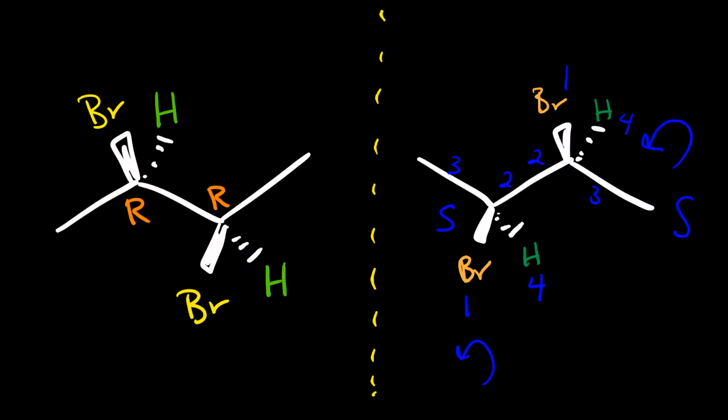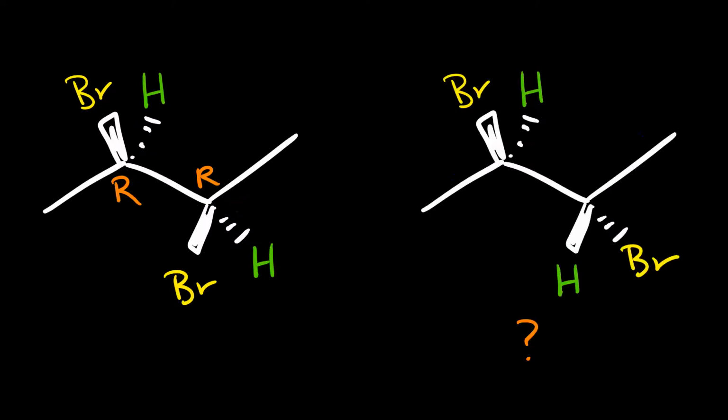So we would say that this is the RR enantiomer on the left, and this is the SS enantiomer on the right. And just like we would expect, because they're enantiomers, they should be exactly opposite in configuration. And when there are multiple stereocenters, the enantiomers have to be opposite at every single chiral carbon.